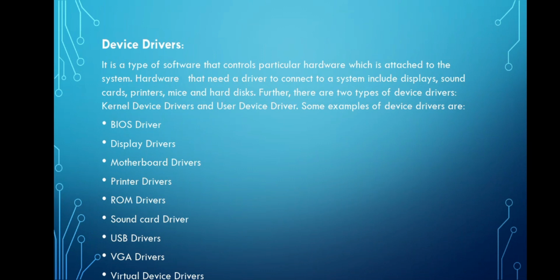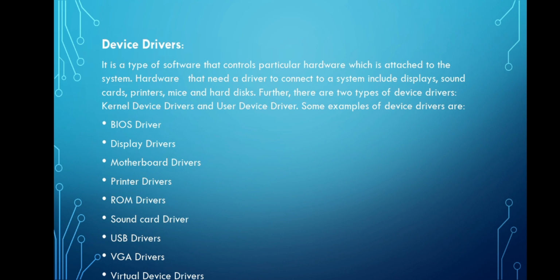Device drivers. It is a type of software that controls particular hardware which is attached to the system. Hardware that needs a driver to connect to a system includes displays, sound card, printers, mic, and hard disk.